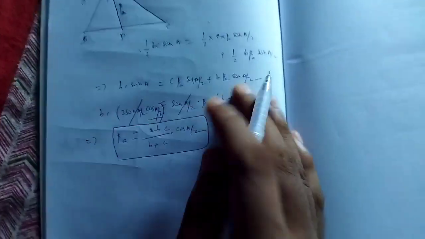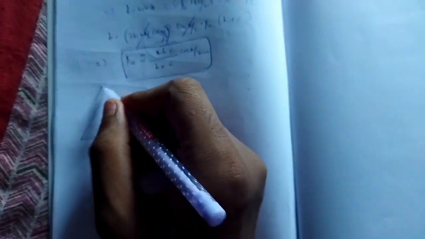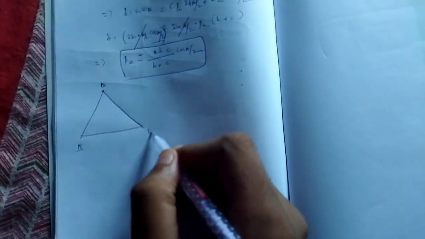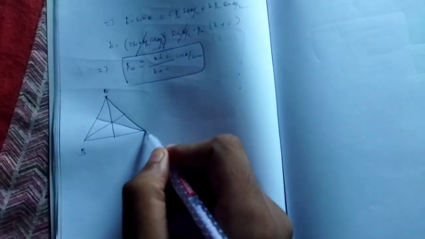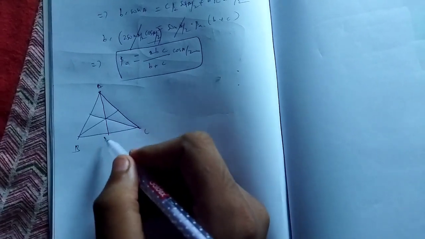So now let's jump into the topic. It is a triangle. This is one angle bisector, this is another, and this is another.